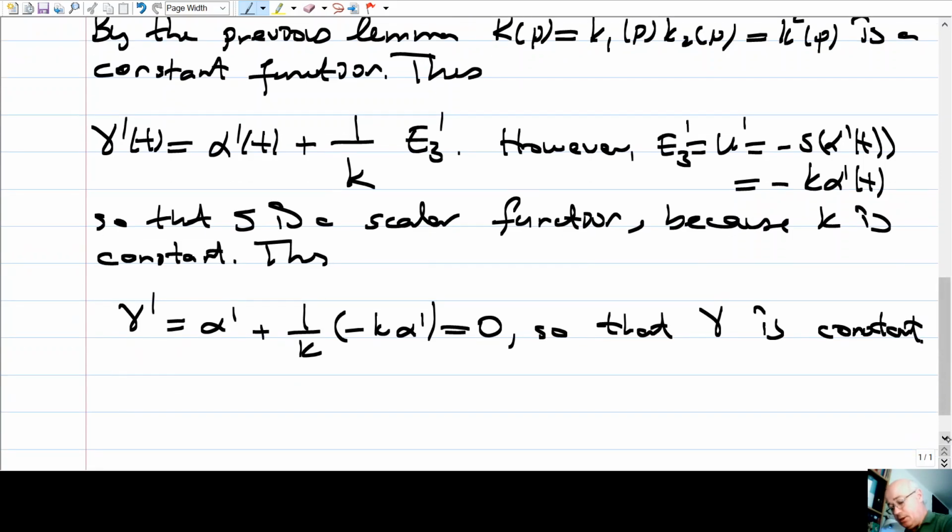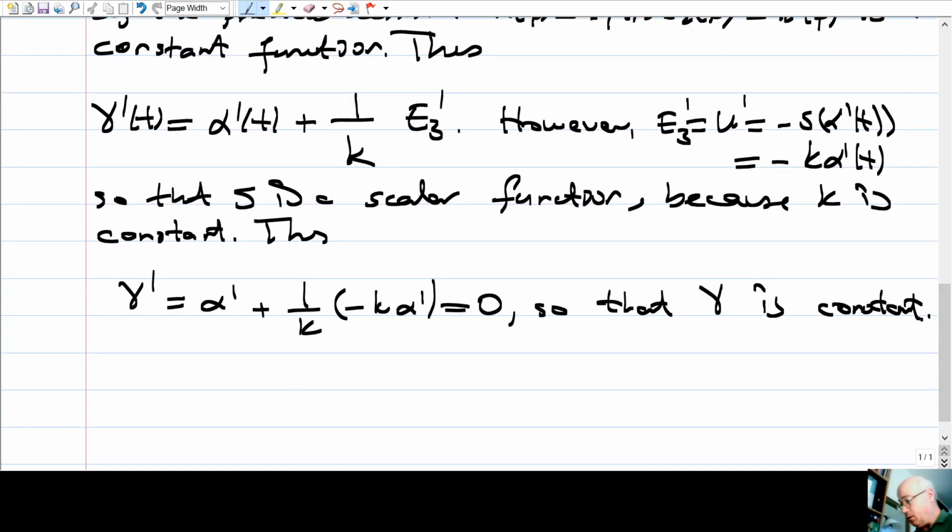Constant. This means what? This means C, which is gamma 0, right?